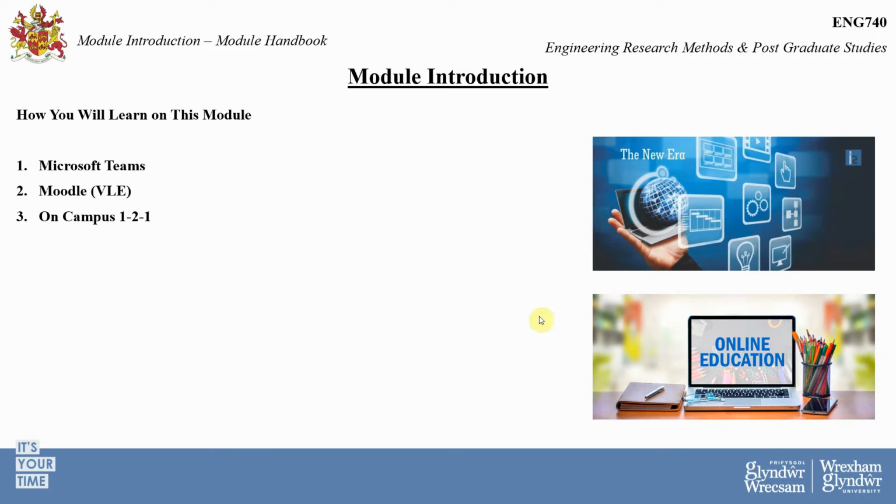Now, obviously this is on campus. For those who are doing this completely online, that's not a problem at all. You can just make an appointment online, and we can do this virtually on Microsoft Teams on a one-to-one basis.